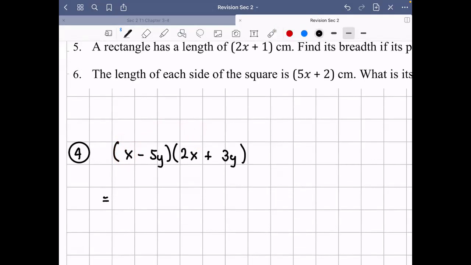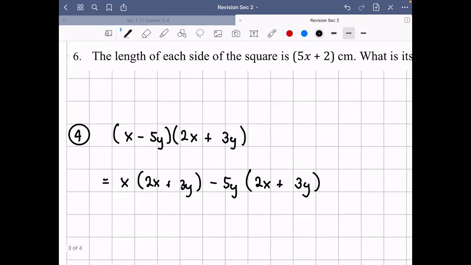So this is equal to x times 2x plus 3y. And then we have negative 5y times 2x plus 3y. And then we just distribute and then simplify. So how do we distribute this?